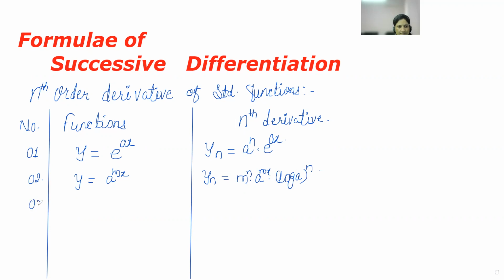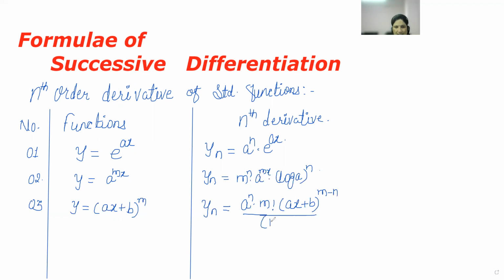Next one, if y equals (ax plus b) raised to m, then its nth order derivative is equal to a raised to n into m factorial into (ax plus b) raised to m minus n, divided by (m minus n) factorial.